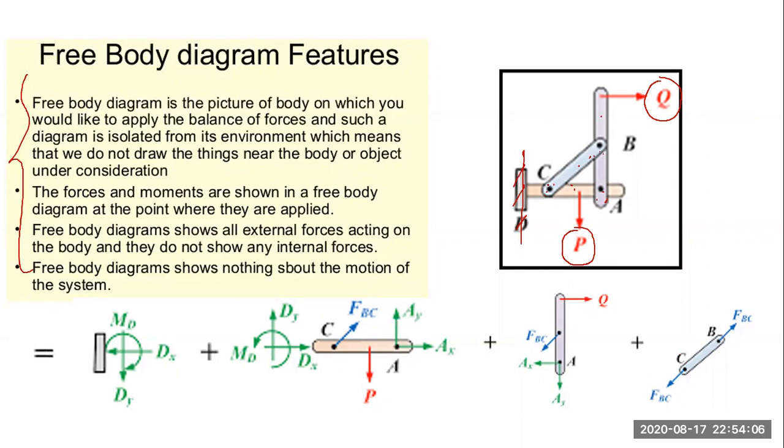Link means, say, B to C is a link. Why is it a link? Because the motion of one link is either dependent on the motion of another link, or the applied force on one link is changing the motion of the other link. That's why.